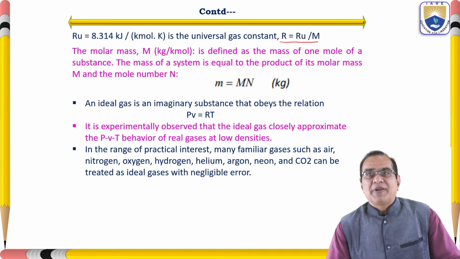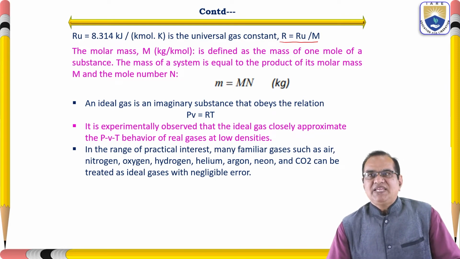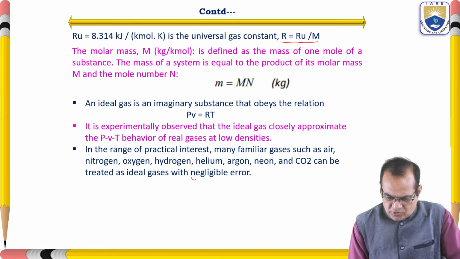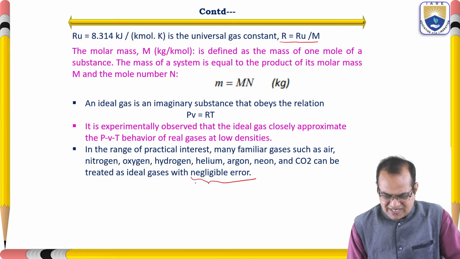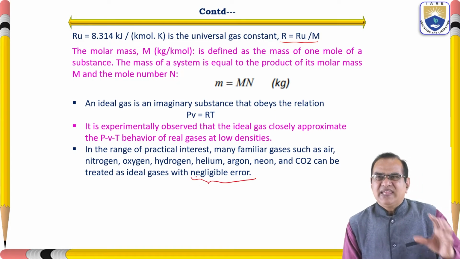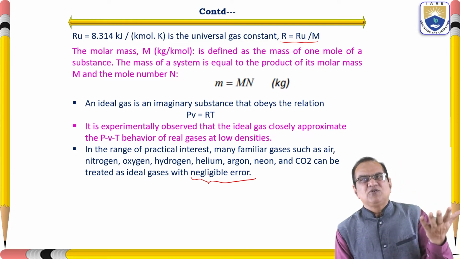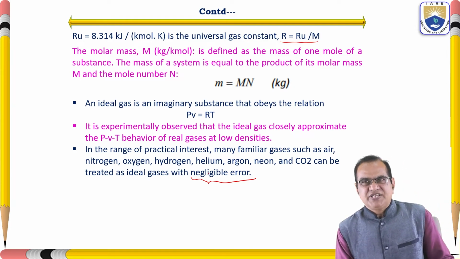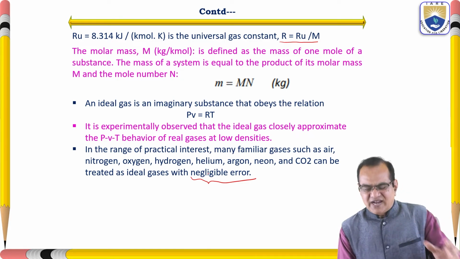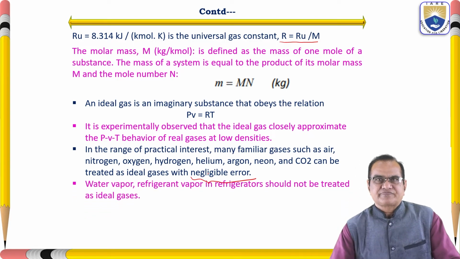In the range of practical interest, many familiar gases such as air, nitrogen, oxygen, hydrogen, helium, argon, neon and carbon dioxide can be treated as ideal gas with negligible error. These are the monoatomic gases, and if these gases are there, we can use PV is equal to RT because their errors are very less.